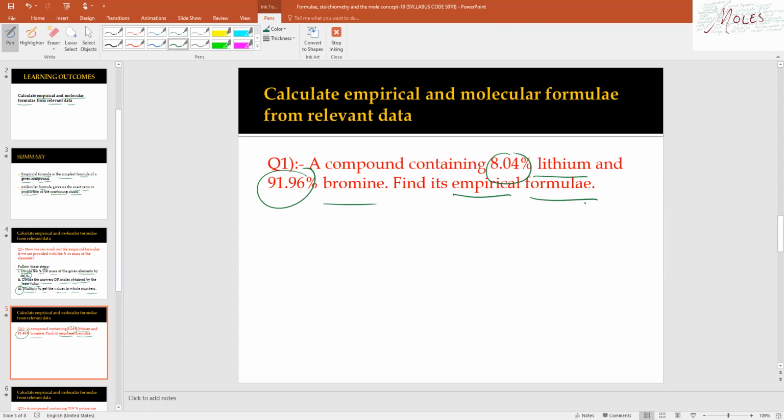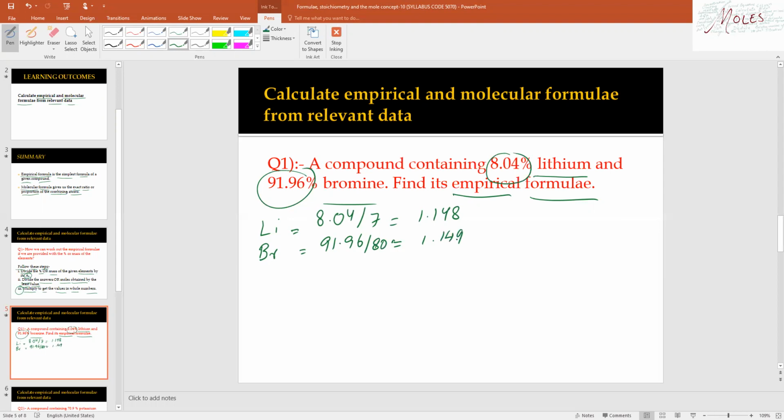In this way, I will write the symbol Li for lithium, Br for bromine. The percentage of lithium is 8.04. We'll divide it by 7. The answer obtained is 1.148. For Br, we will divide the 91.96 by the AR of bromine, which is 80. We will get 1.149.